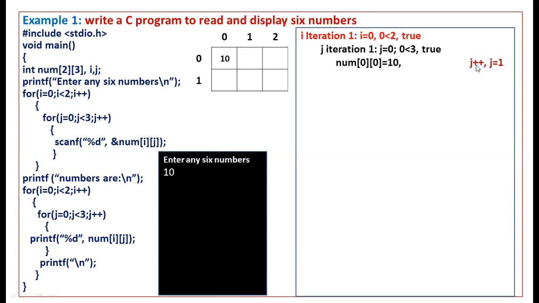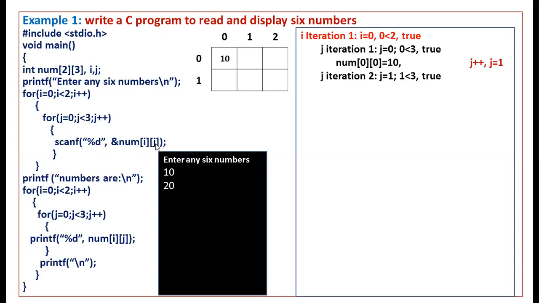Now again the condition check, 1 less than 3, it is true. If it is true, again scanf will execute. The second element will be stored in num of I, j. What is the value of I? I is 0 only.